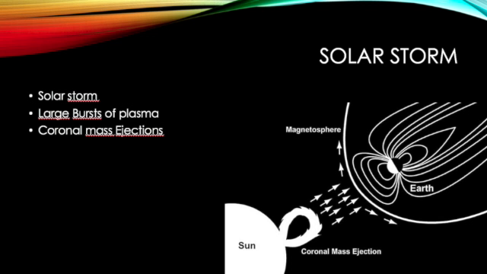A solar wind, as we've seen before, is usually not enough to cause the northern lights. Sometimes the sun spits out large bursts of plasma.